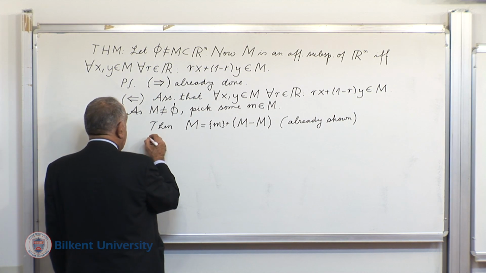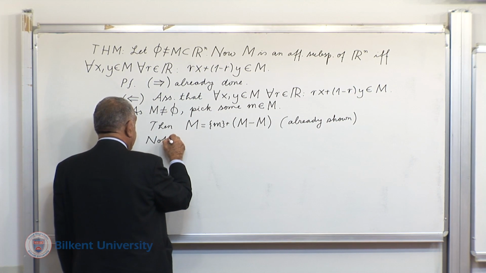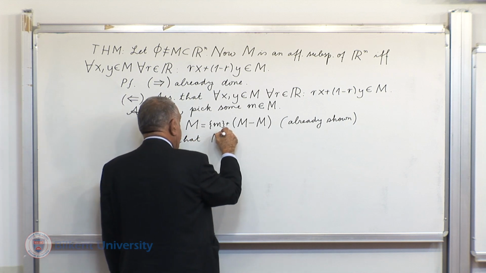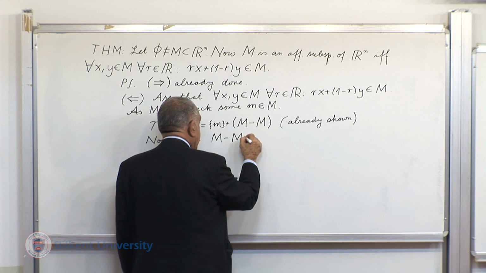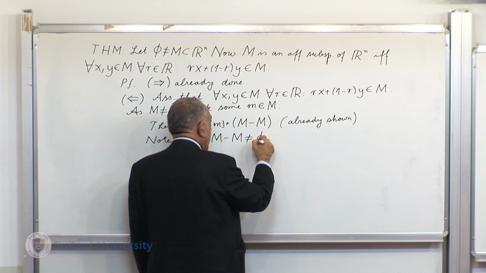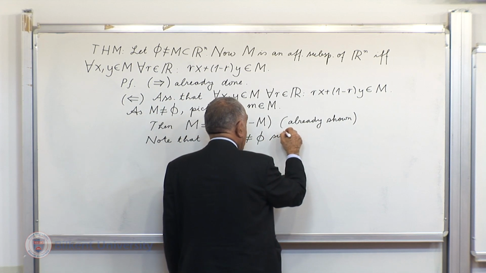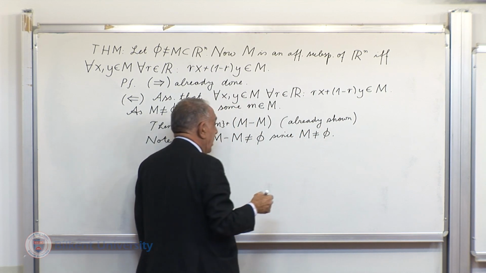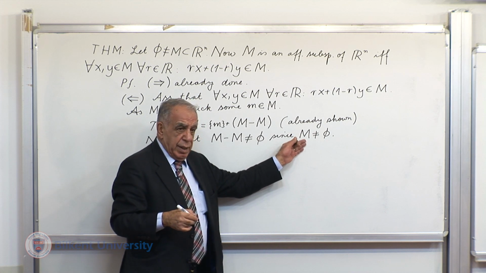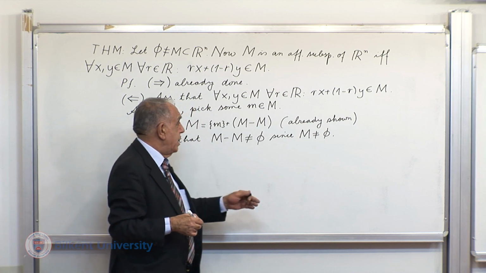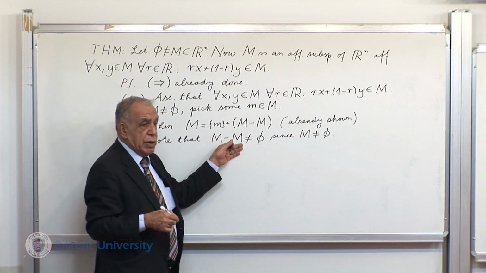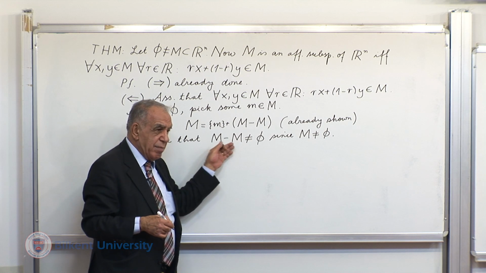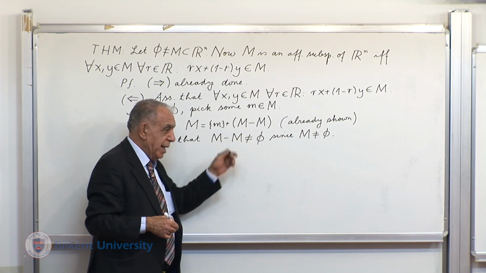Now, note that M minus M is non-empty since M is non-empty. In fact, we can take any point lowercase m in M, and then 0 will belong to M minus M, because you can take the same member here and here.